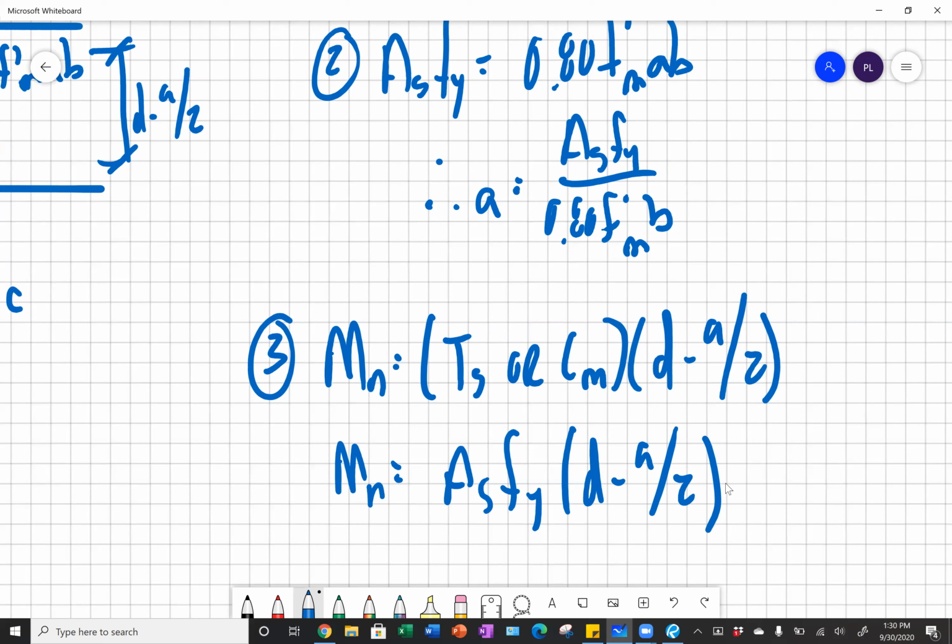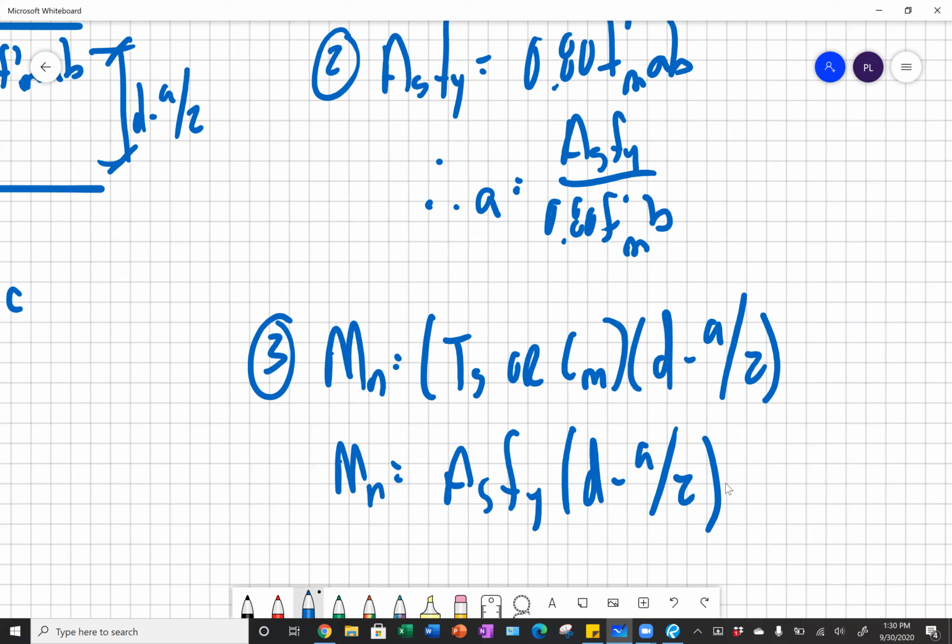As far as our phi factor, instead of addressing compression controlled sections with a variable phi factor, like what ACI 318 does, TMS 402 tells us we have a minimum amount of reinforcement and a maximum amount of reinforcement. And so our minimum amount of reinforcement for a masonry beam, our strain in our reinforcement, we can draw it up by our strain diagram.